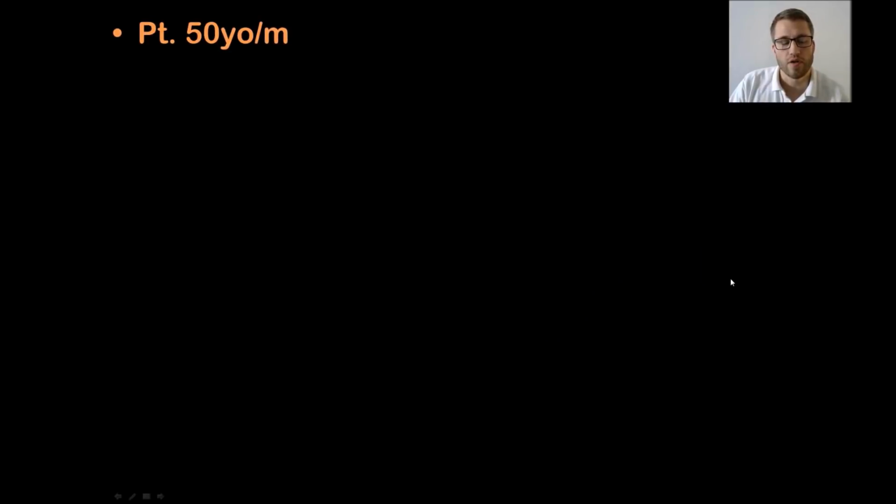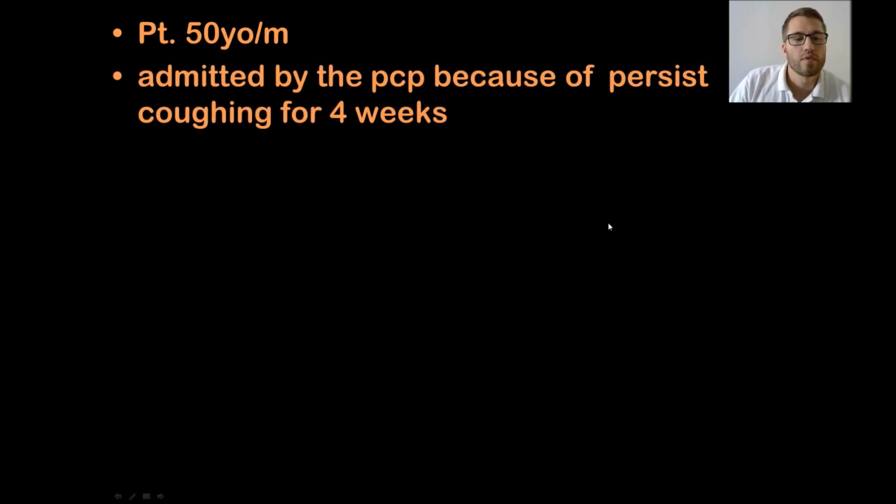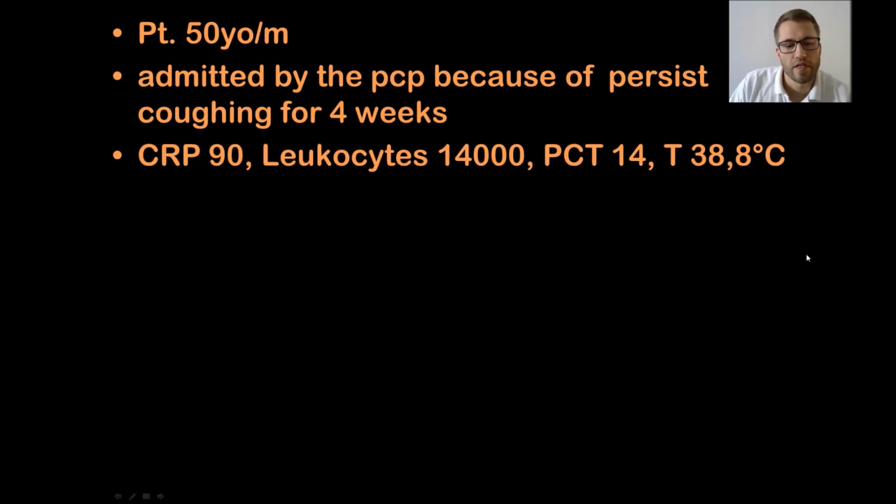Okay, so that's from the CT scan. Let's come to the patient. It's a 50-year-old male. He was admitted by the primary care physician because of persistent coughing for 4 weeks. The inflammation enzymes were high. CRP was 90, and in our lab it should be under 5.